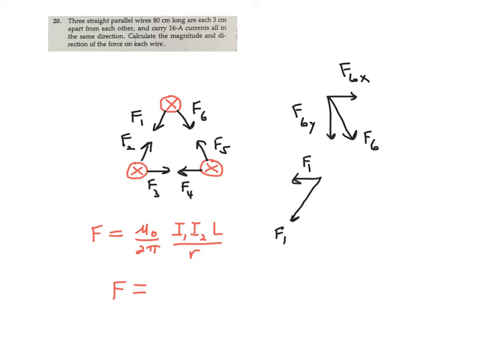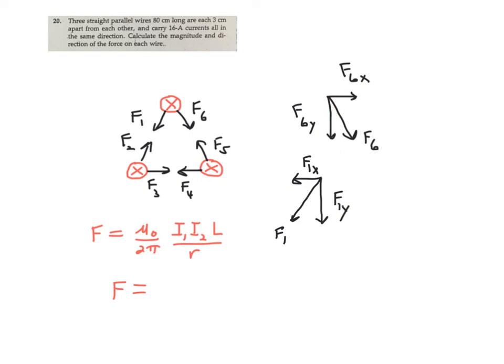You really don't even need to draw this because that F1x component will cancel out the F6x component. But the F1y component will be the same as the y component of F6. So bottom line is, I don't need to figure this out because this vector component will cancel this vector component for these two vectors that are on that top wire. So all I need to worry about is finding this component right here.